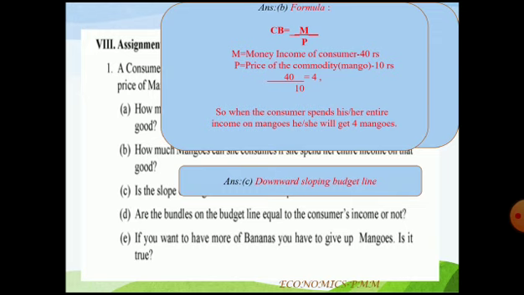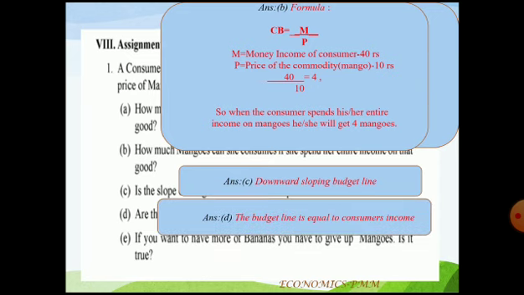Next, question D. Are the bundles on the budget line equal to the consumer's income or not? The answer is that the budget line is equal to the consumer's income, as we discussed. So if you calculate the price of x1 plus the price of x2, you will come to know it is equal to the consumer's money income.